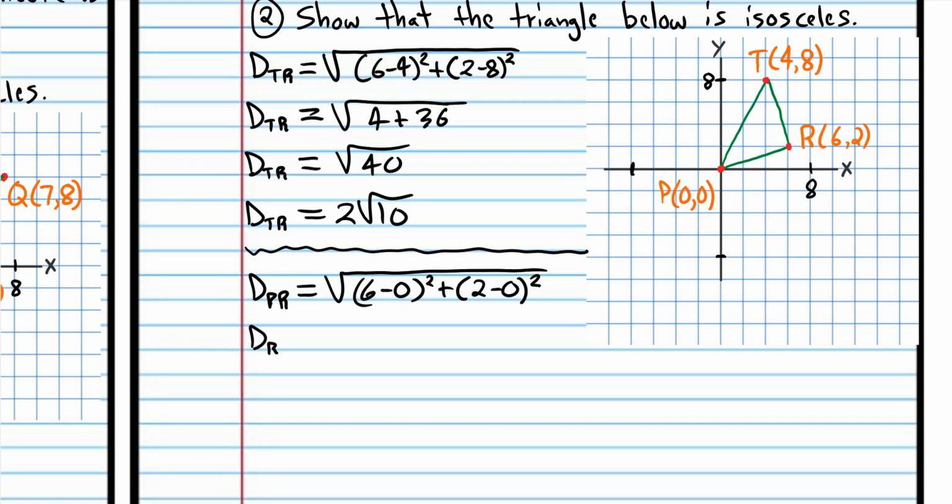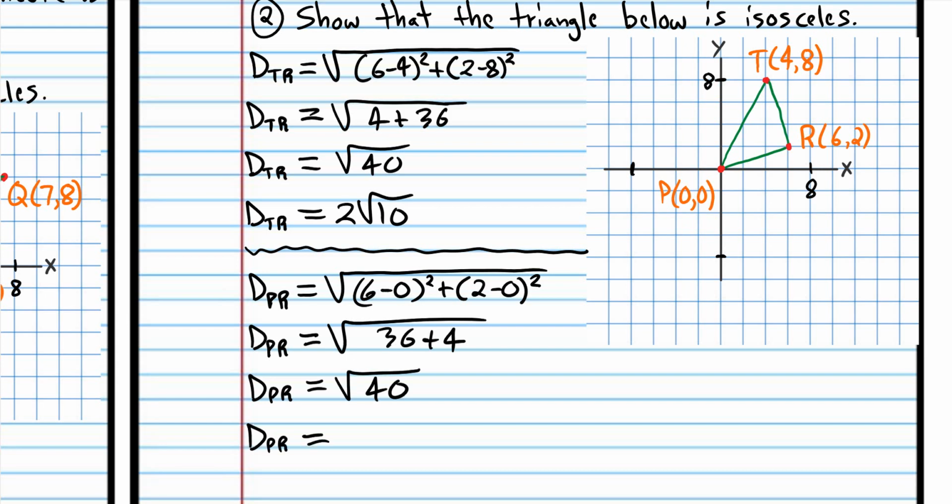And when we simplify that, we should get 2 root 10. So we have 36 plus 4. And you can see we're just getting the same thing. So we proved it. We proved that those lengths are equal.